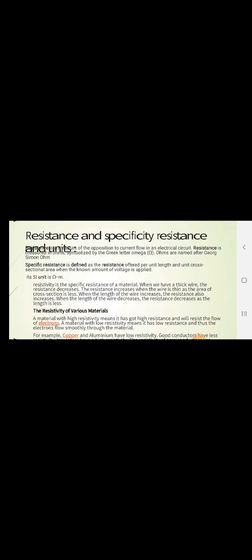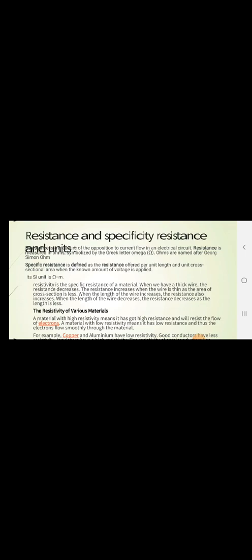Then rho is equal to resistance into area by length. Now, the resistivity is the specific resistance of a material.